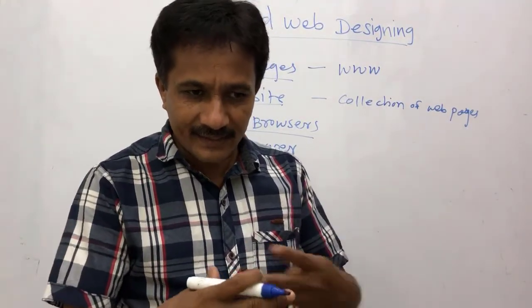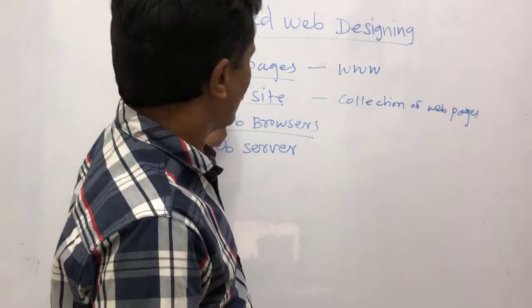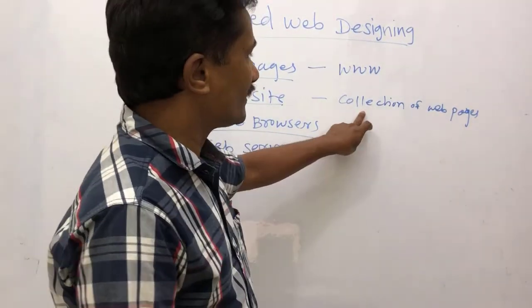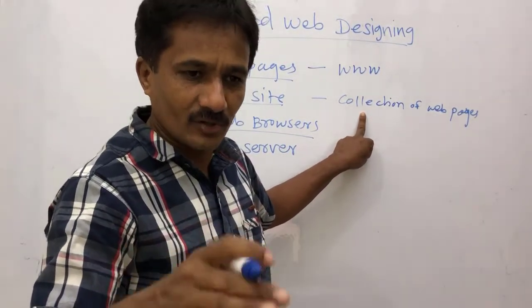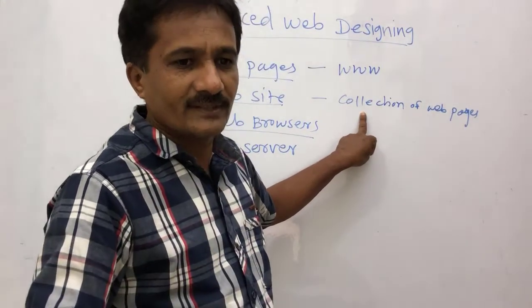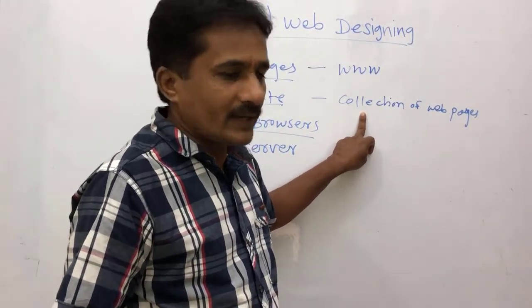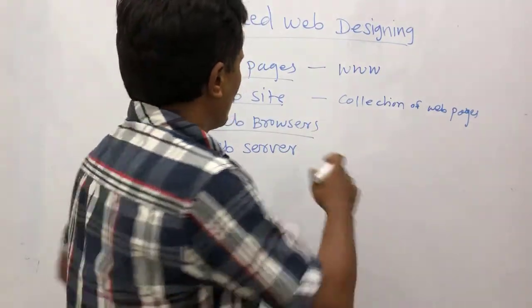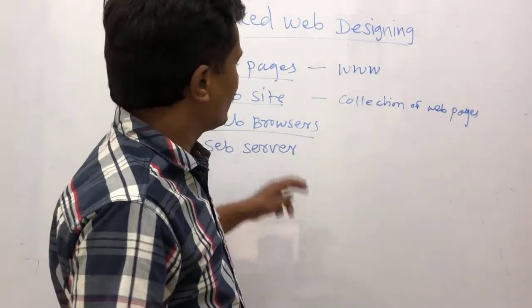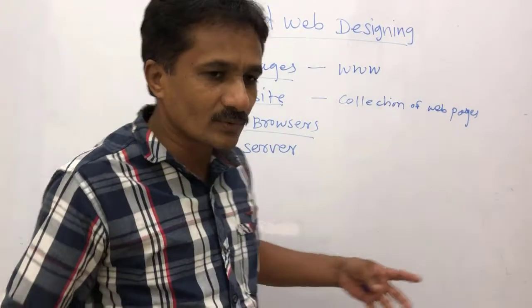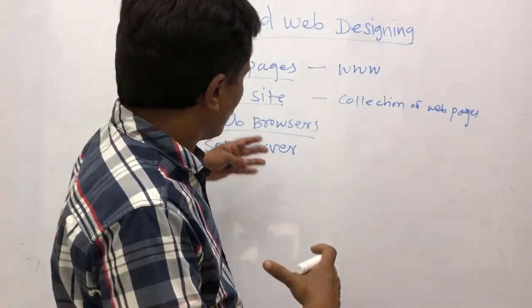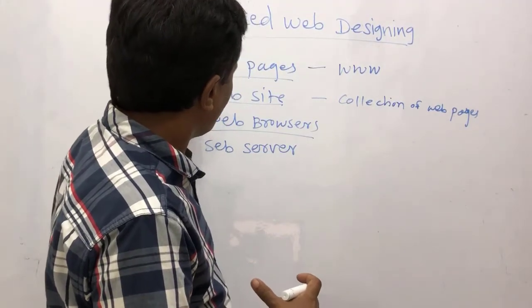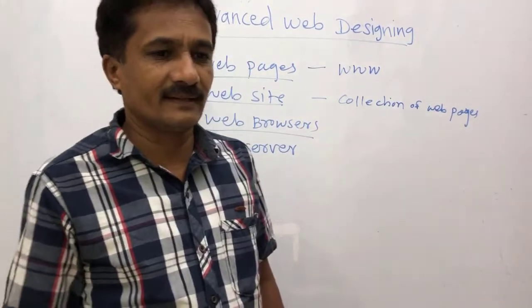Multiple web documents are linked to each other to form a website. A website is a collection of web pages, and this group of web pages is stored in some location and linked to each other to form a website.